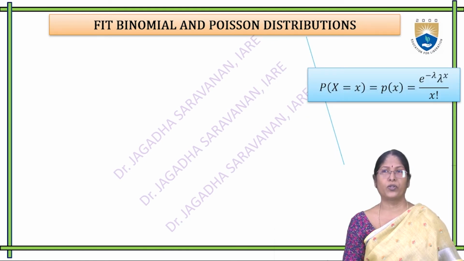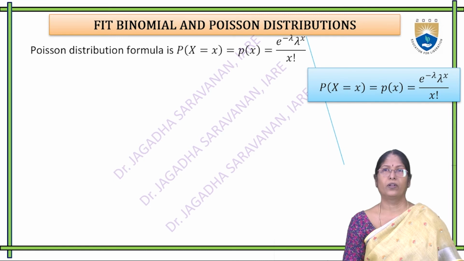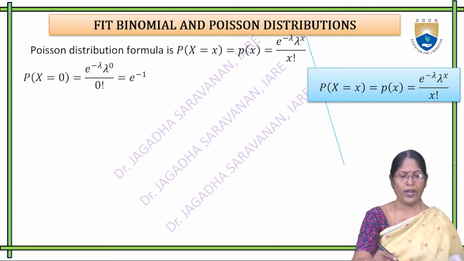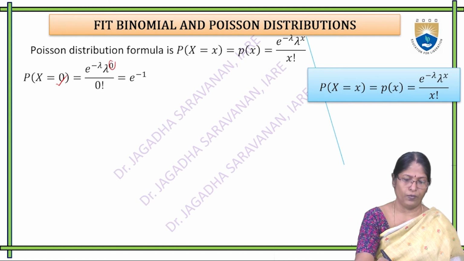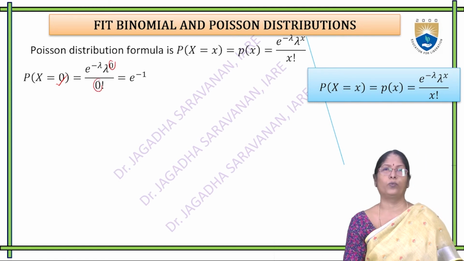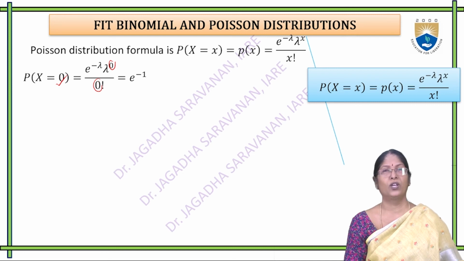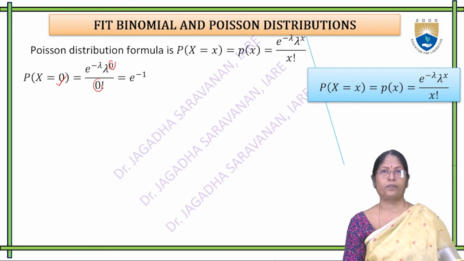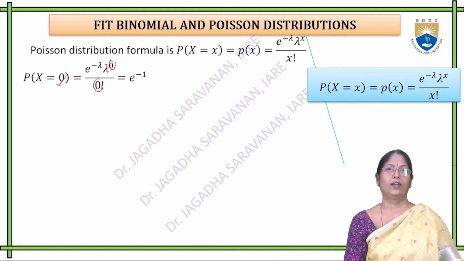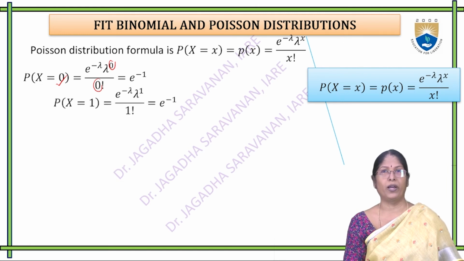So this is the Poisson distribution formula: P of x equals e power minus lambda, lambda power x by x factorial. So when x equal to 0, we know very well now that in the Poisson distribution formula, x appears in two places. Now x is 0, so we replaced it in those places with zeros, and we obtained e power minus 1.